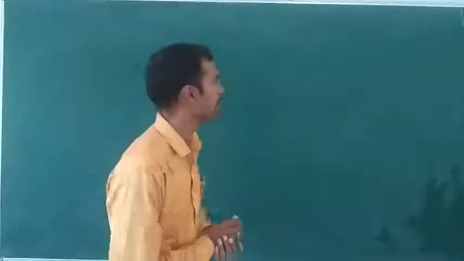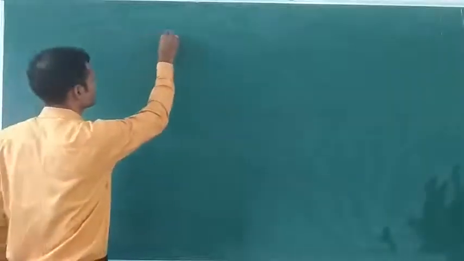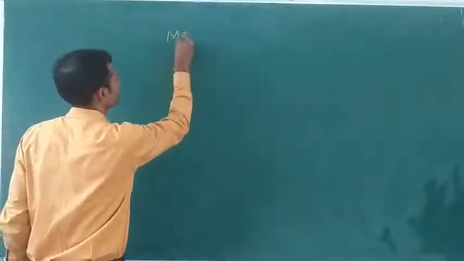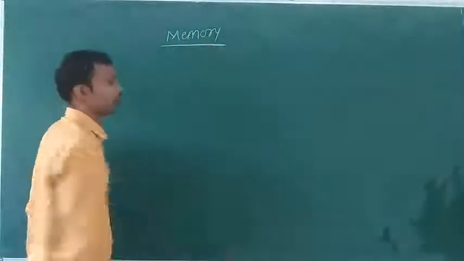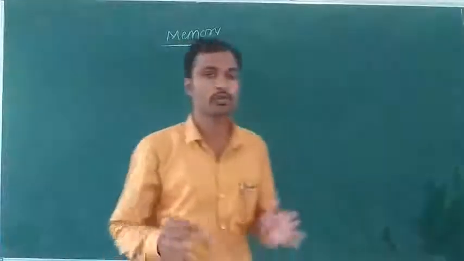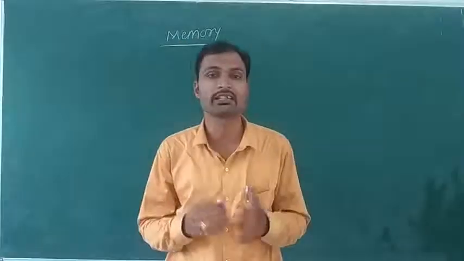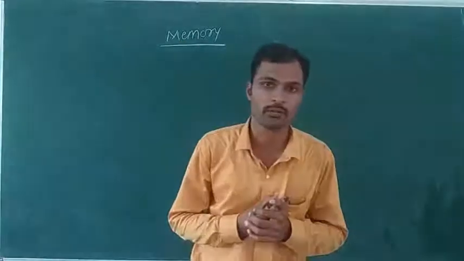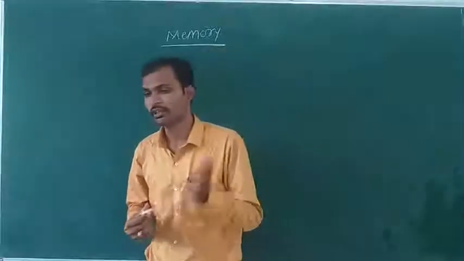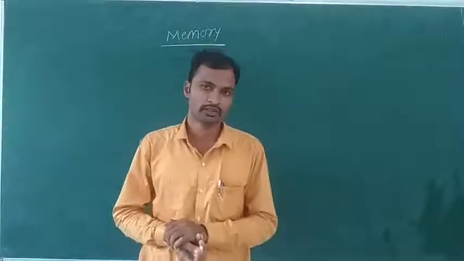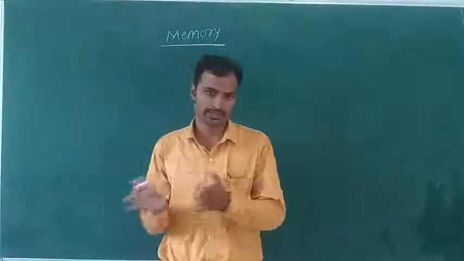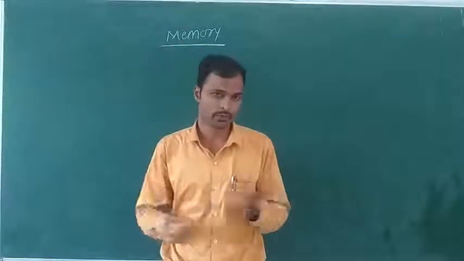So one more point in computer, that is the memory. Memory is the most important and essential component in our computer. In the second class we discussed input devices and output devices. Which are the input devices?